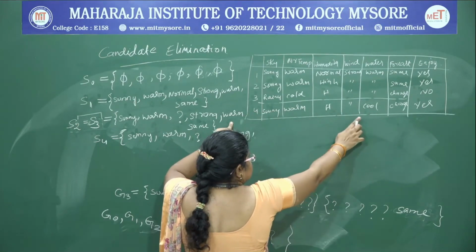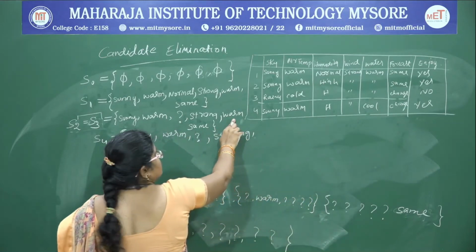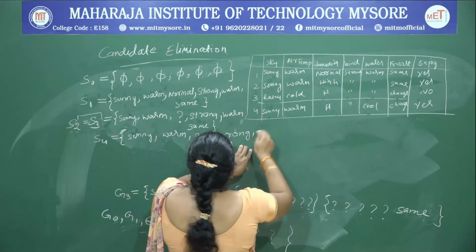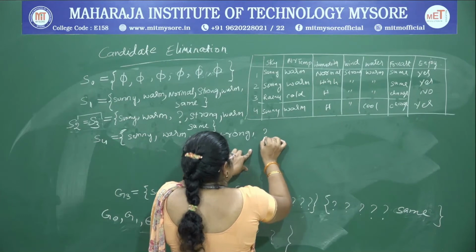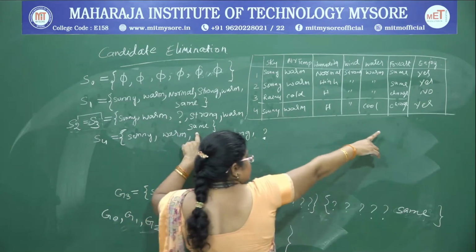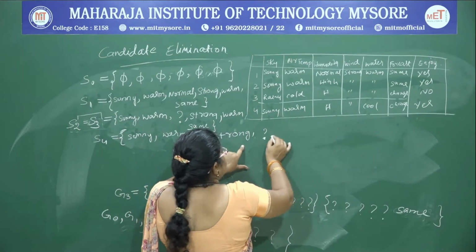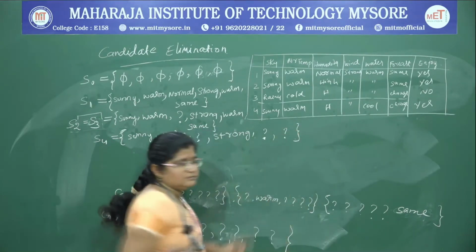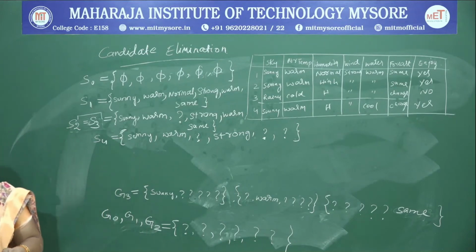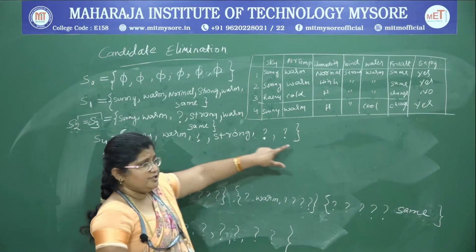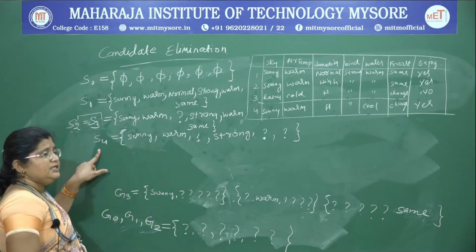So, when it is changed, that will be replaced with the question mark. Next, here it is same, and here it is change. So, we are going to make it a question mark. That will become the S4. So, now what happens here is, see, we have got two question marks. This is going to be S4.